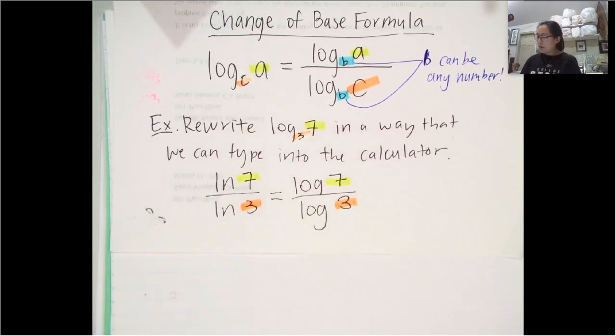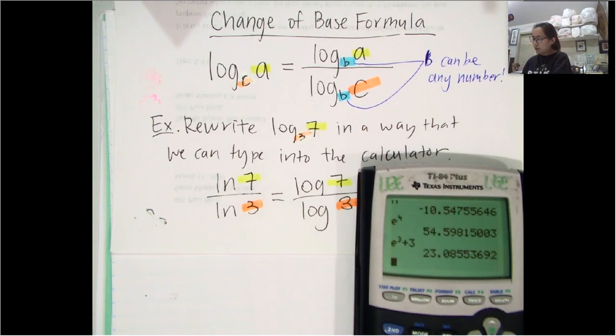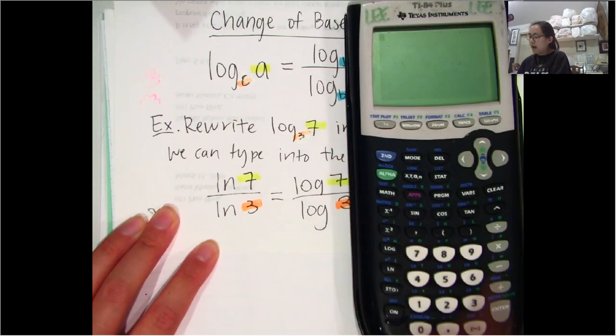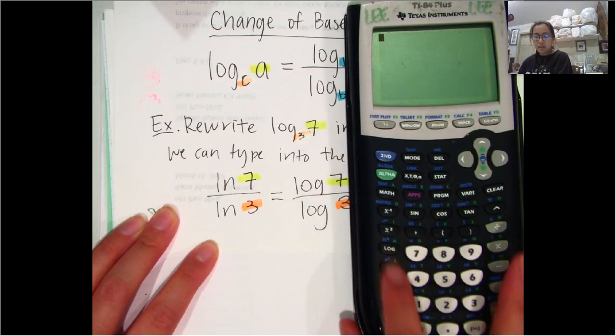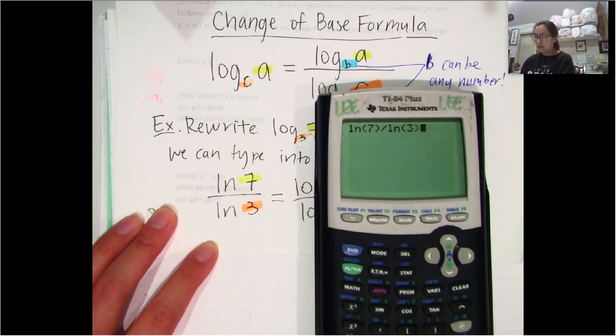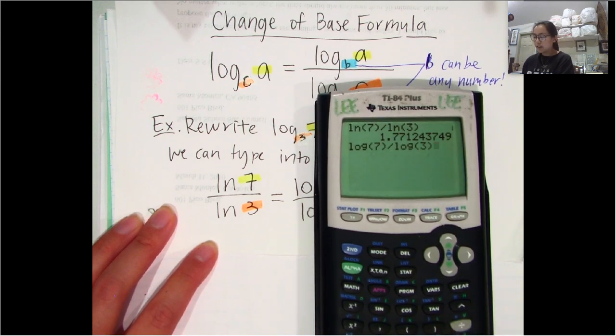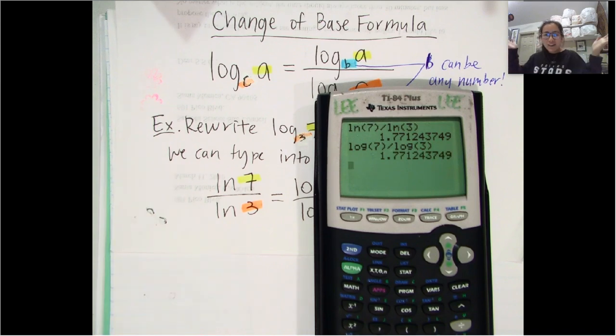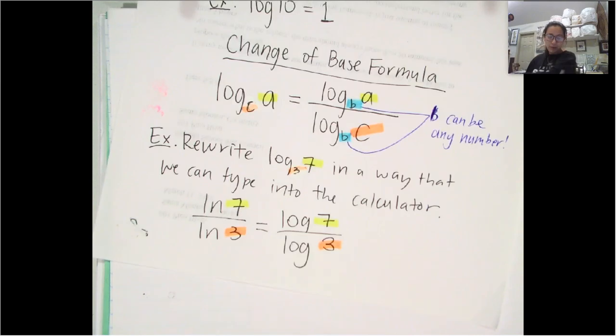Okay, so we can plug this now into our calculator. If you look, we have the log and ln buttons right here above the on button. And so if you type ln of 7 divided by ln of 3, or if you do log of 7 divided by log of 3, you get the same thing. How cool is that? All right, let's try one more example.